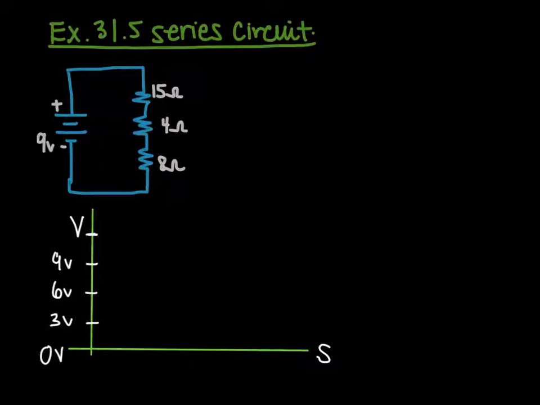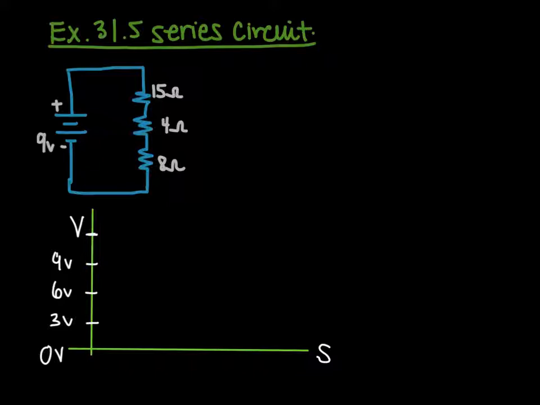So we have the 9-volt increase, and then we'll go through each of the resistors, and the voltage will decrease, returning us to 0 again. We want to determine the current first in this series circuit, and then we're going to graph the changes in potential according to what happens in the elements.